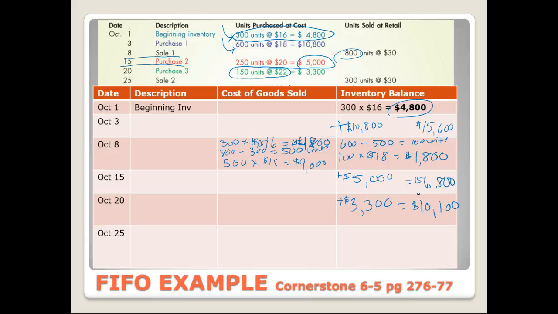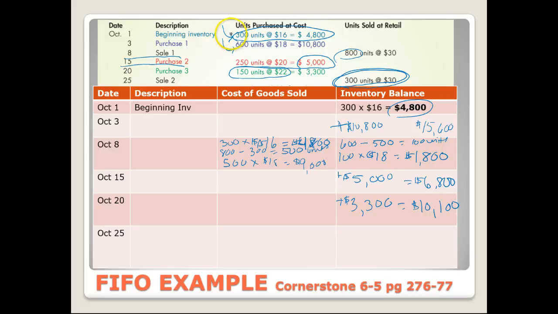We're going to sell some more. And it says here we're going to sell 300 units. Now, don't be thrown off by the fact that it says we're going to sell 300 units at $30 because that's the sales price. But what we care about right now is what was the cost of those 300 units. Well, remember, it's first in, first out.